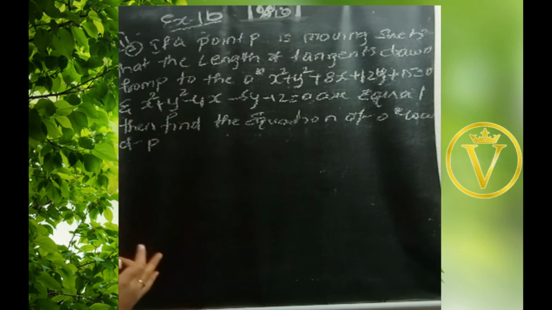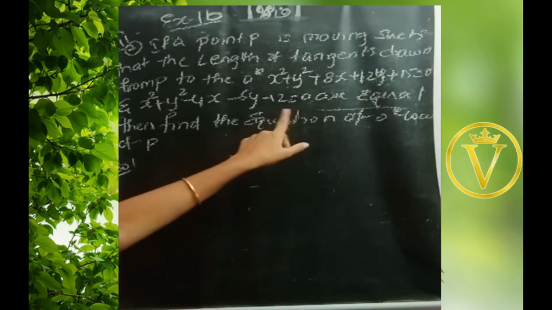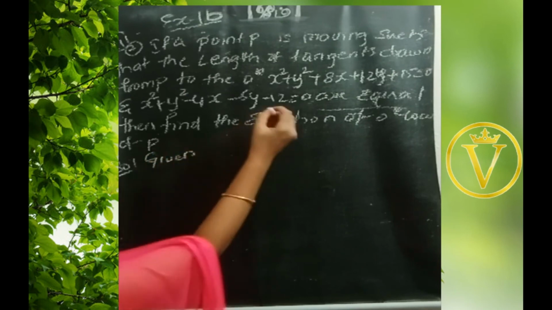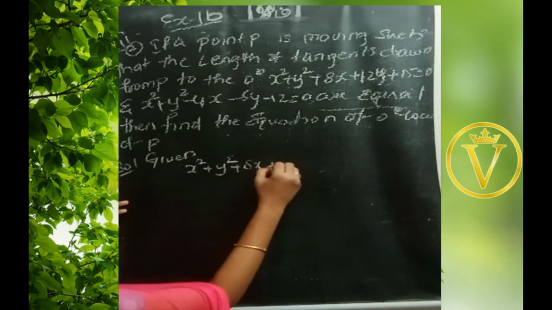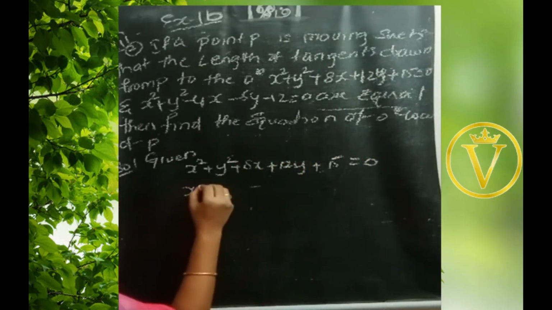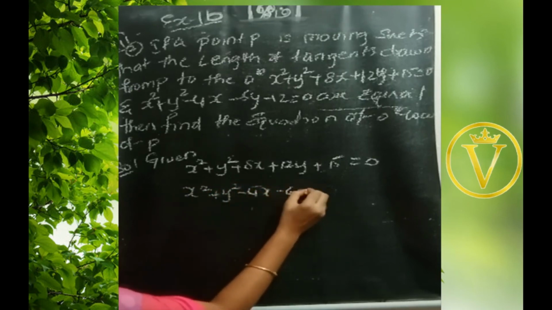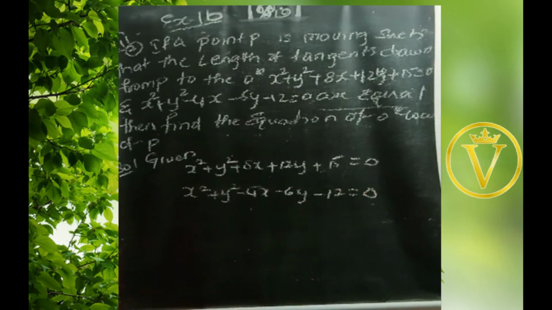Given circles are x square plus y square plus 8x plus 12y plus 15 equals 0. These are the two circle equations.